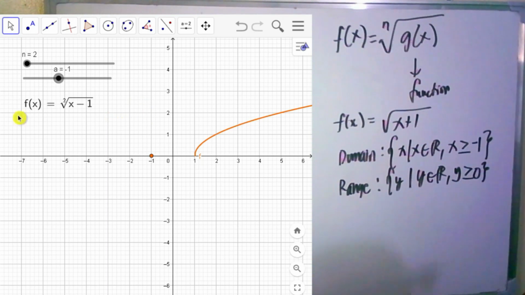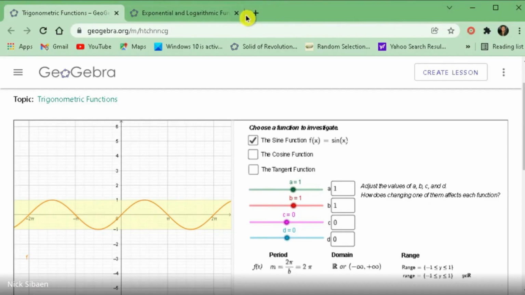Now, our radical functions. For the trigonometric functions, let's use an applet to make it easier. I will be posting this one in our Google Classroom after our lecture. When we say trigonometric functions, the first thing that should enter our mind are of course the three basic trigonometric functions: the sine function, the cosine function, and the tangent function.